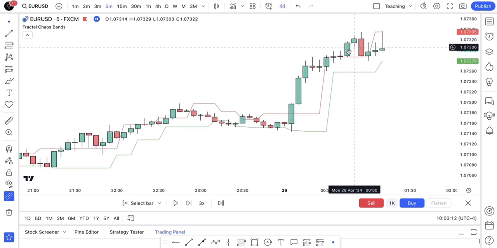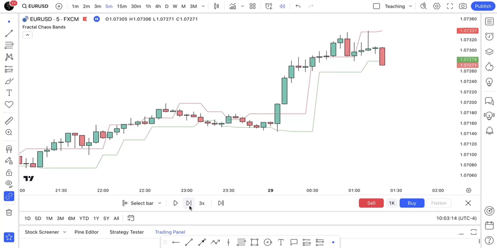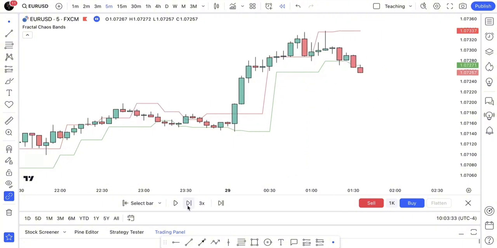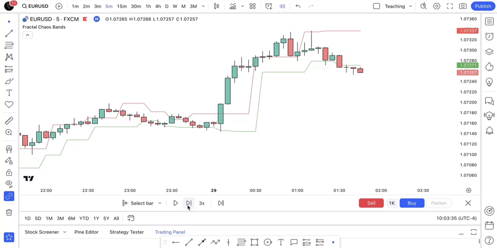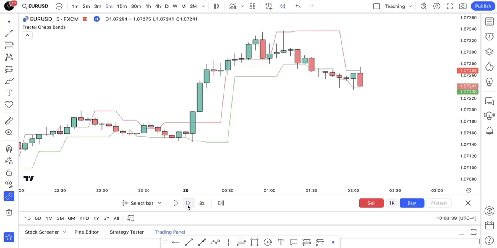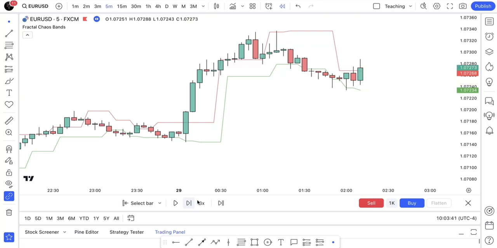Okay, so let's skip, and the price is getting supported at the lower band, and let's see if I can get a good reaction. Okay, this is a good signal, because not only it got supported at the lower band, but also it is breaking above and closed above the higher band.